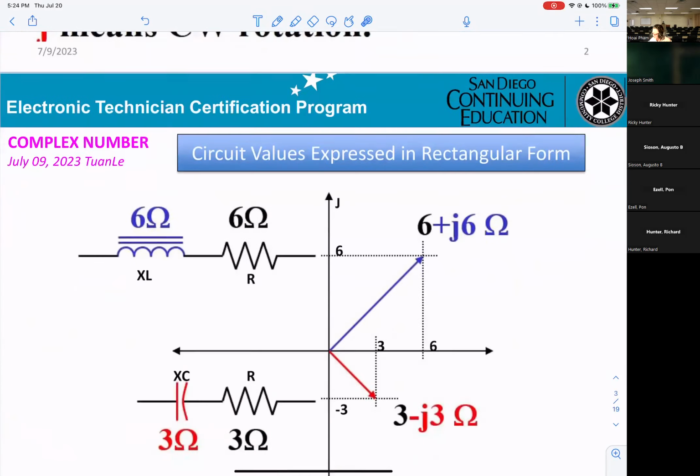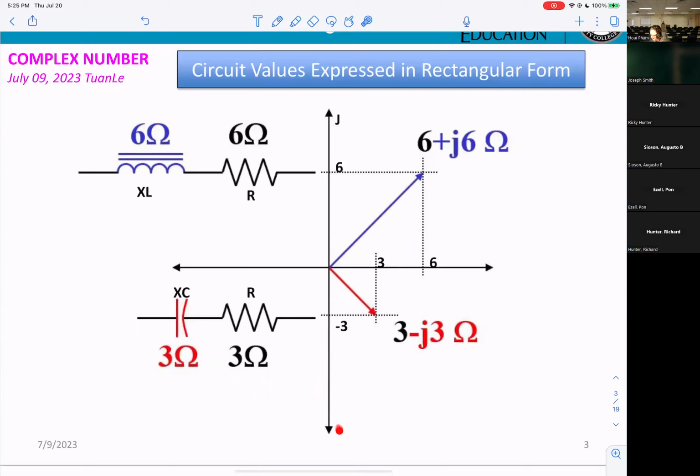Now, if you're looking at that display, what does that mean here? That's just telling you this is an inductor. This is a resistor. And you understand XL goes up and XC goes down. So at that point here, you get the 6. That means 6 ohms right here. And the real will be 6. 6 plus J6 is rectangular.